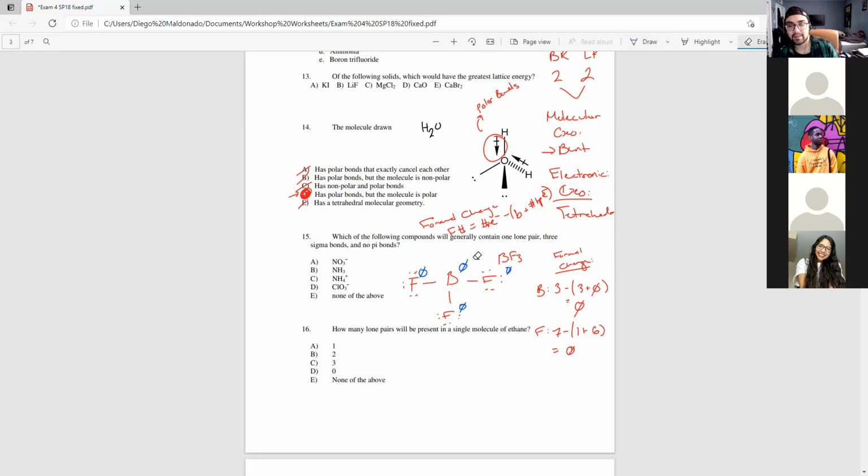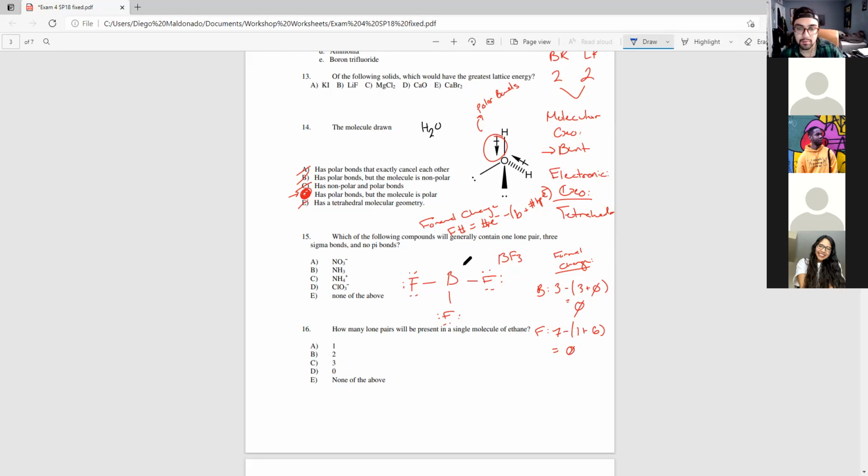Now, looking at your periodic trends, who's more electronegative, boron or fluorine? Fluorine is more. So what is the fluorine gonna do to the boron? Is it gonna push it away?